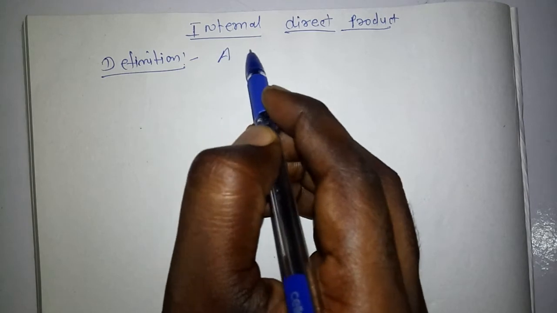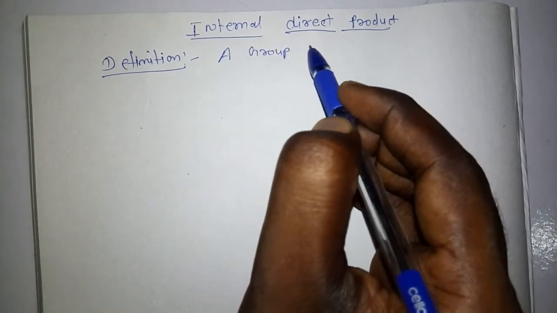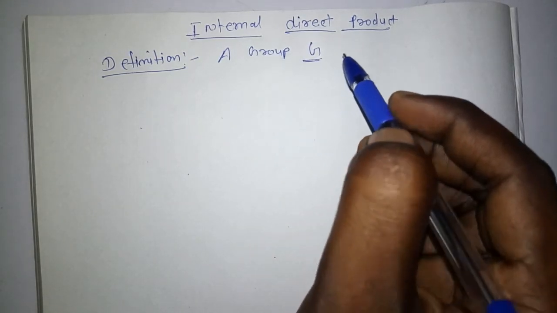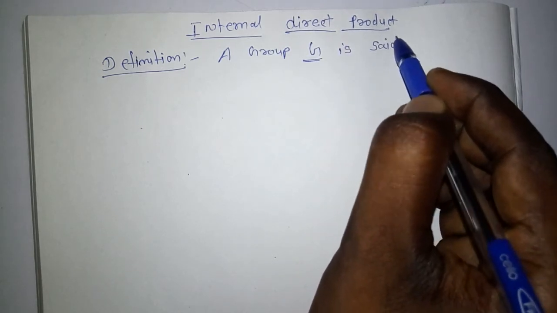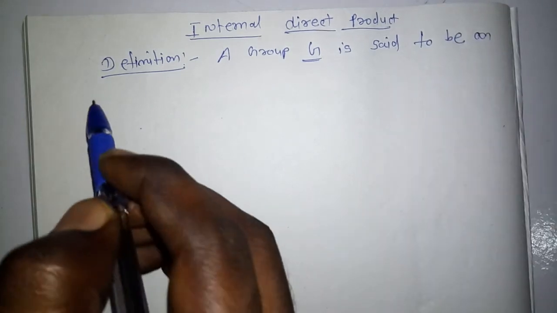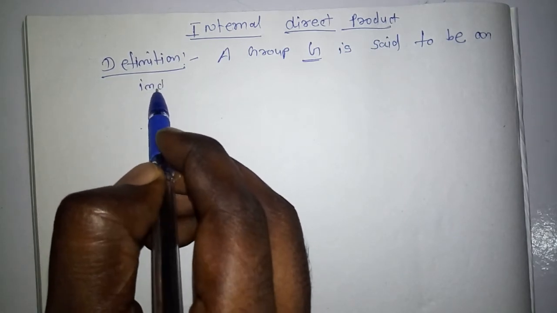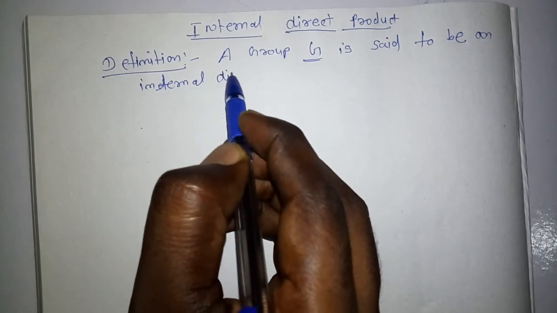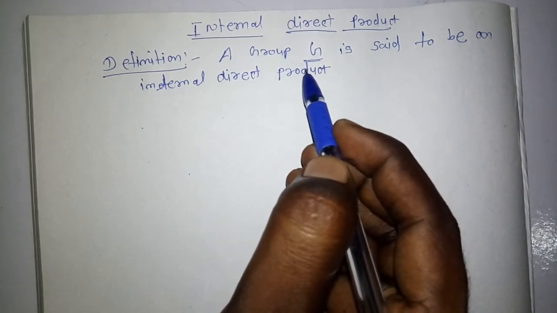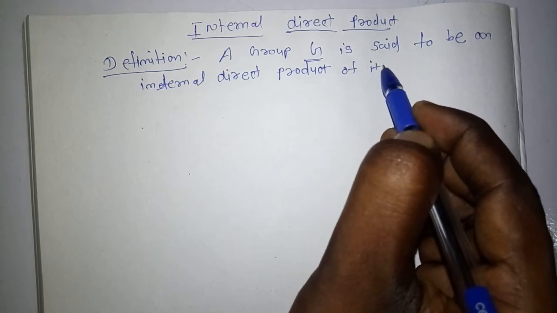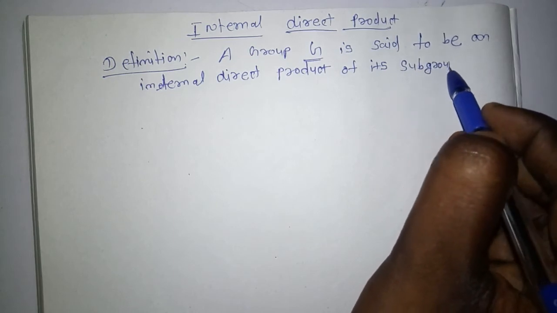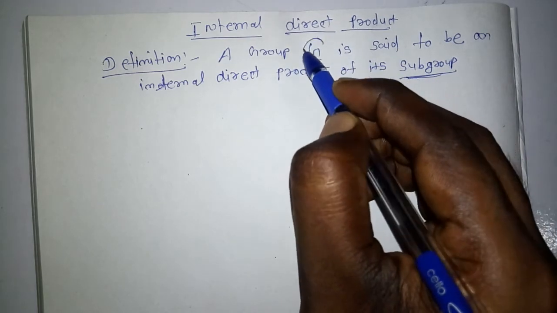Definition: a group G. Okay students, a group G is said to be an internal direct product of its subgroups. Subgroups of group G students.